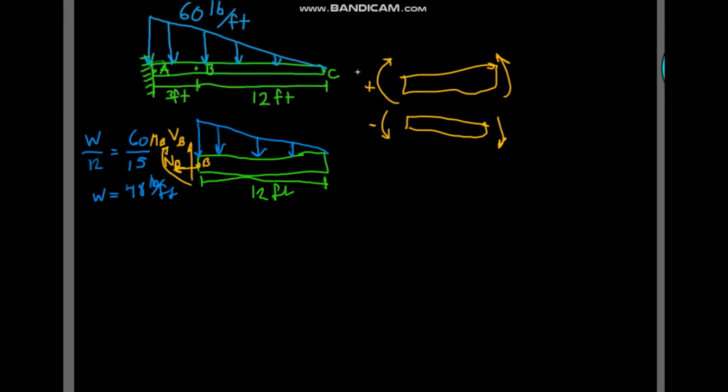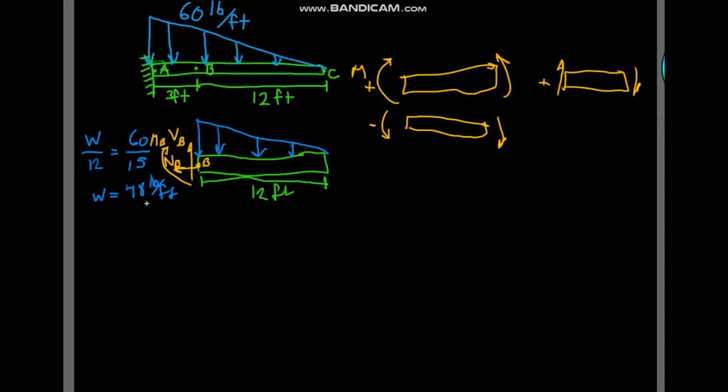That's for the moment. For the shear force, the convention is just that if it tends to rotate the beam in a clockwise direction, then it's positive. And obviously if it rotates in a counterclockwise direction, it's negative. So we always draw these internal loadings, the shear and the moment, so that they're positive.